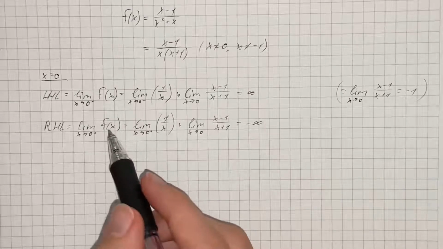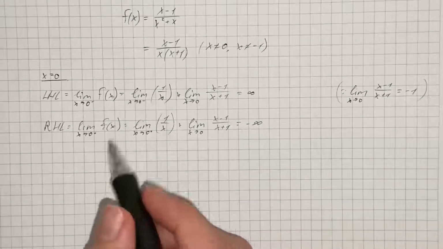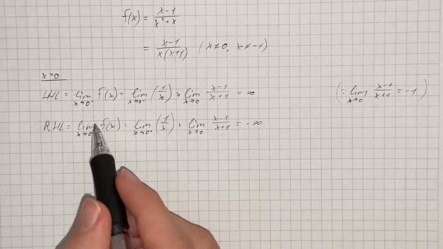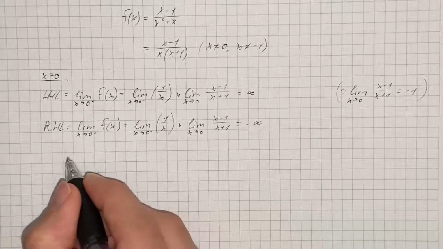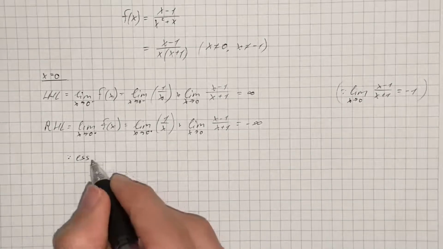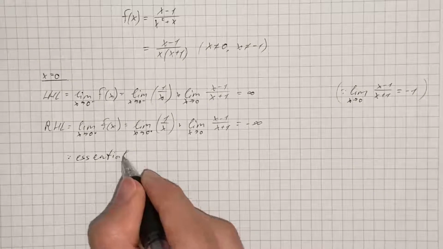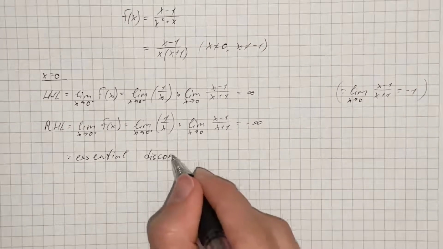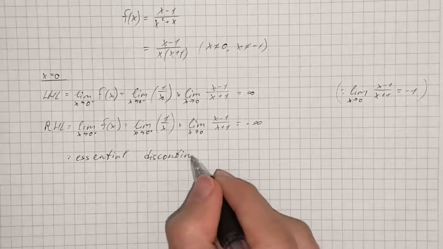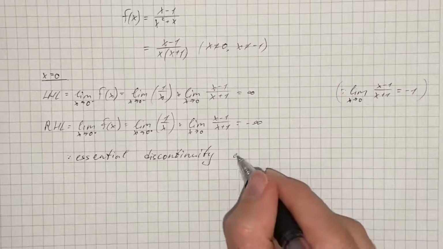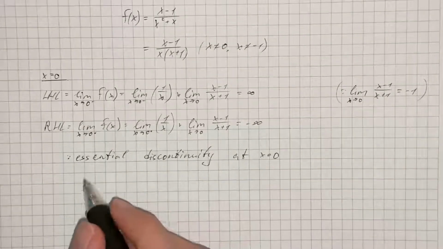So neither limit exists, so our function has a discontinuity of the second kind, that's an essential discontinuity at x equals 0.